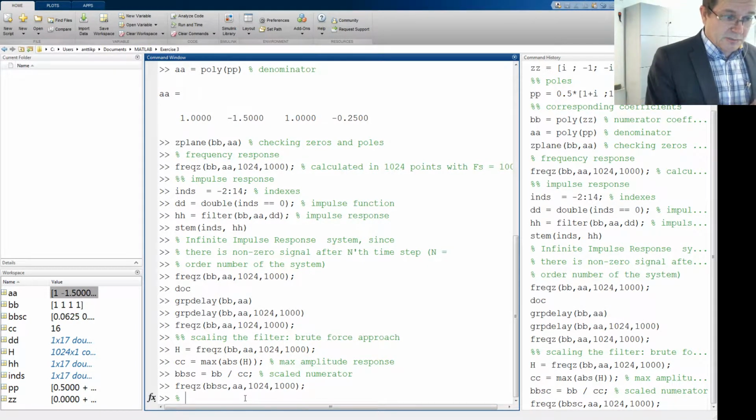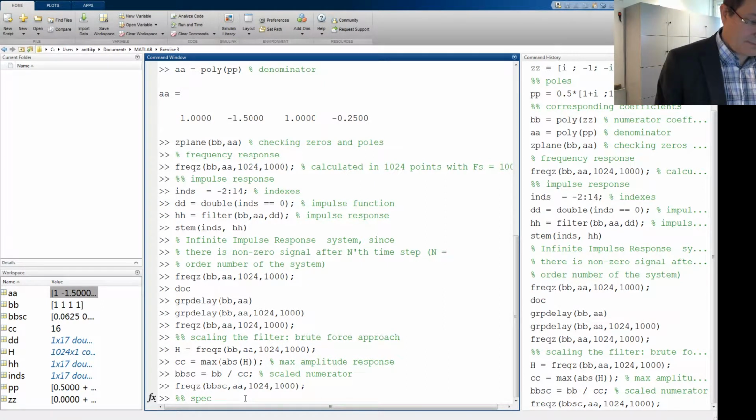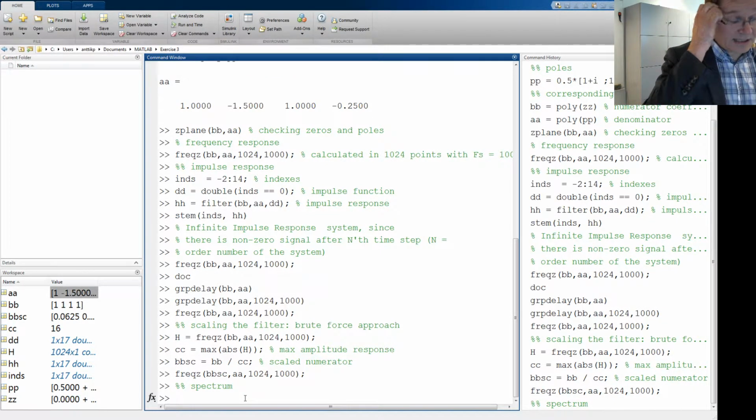Let me first produce a signal and some noise on it. Spectrum signal, for example. Sampling rate: I want to use that as a sampling rate.